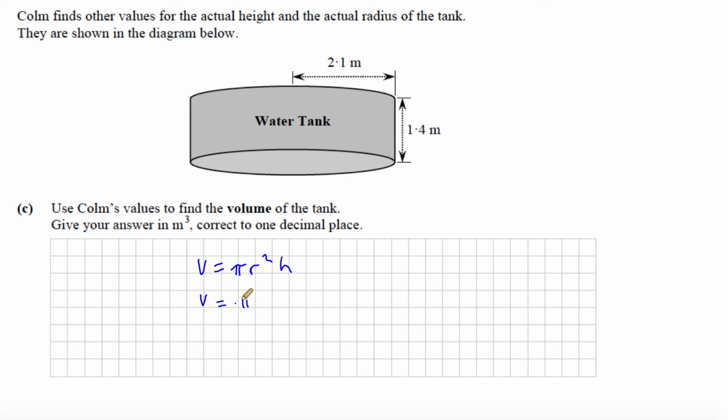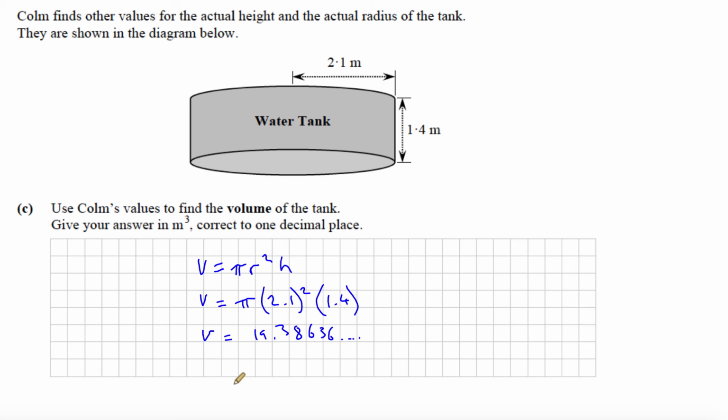We've got pi multiplied by r squared, which is our 2.1 squared, multiplied by our height, which is 1.4. So that means the volume is, when we put all of this into the calculator, we get an answer of 19.38636, and on it goes.